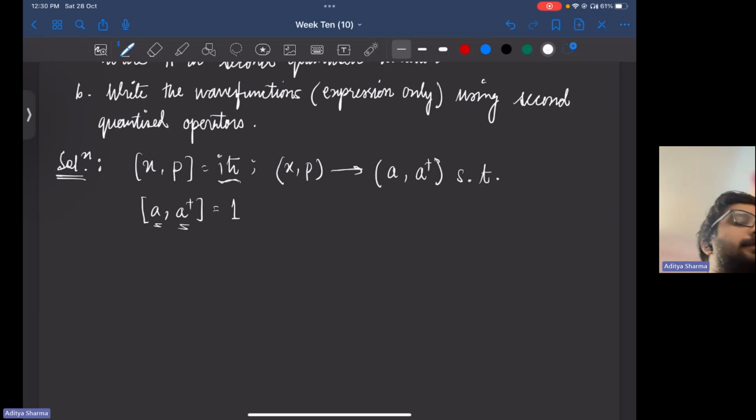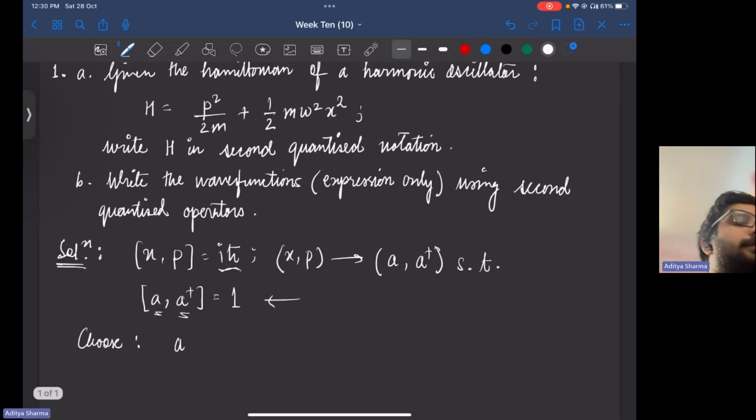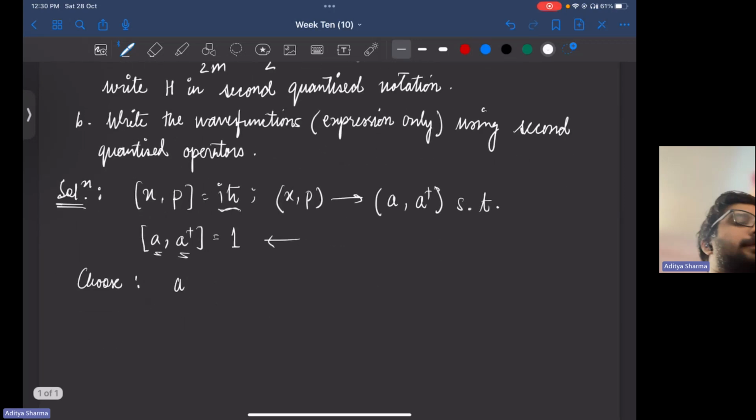So to do this, we're going to choose... By the way, this is a bosonic simple harmonic oscillator. That means these have to satisfy these commutation relations, not the anti-commutation relations.